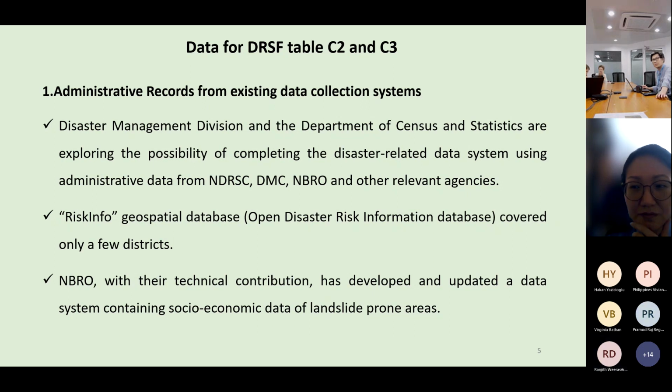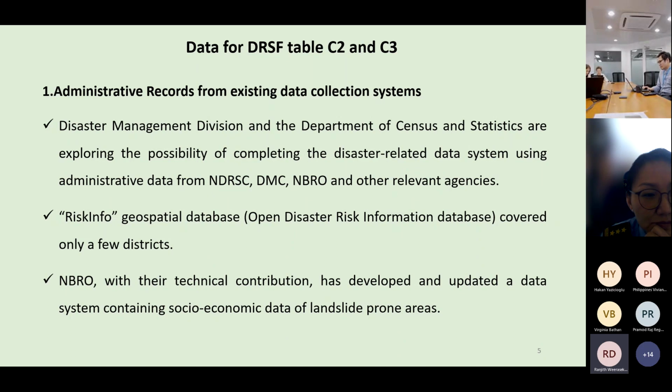The one is we collect the data for DRSF table C2 and C3 using administrative records from existing data collection systems.